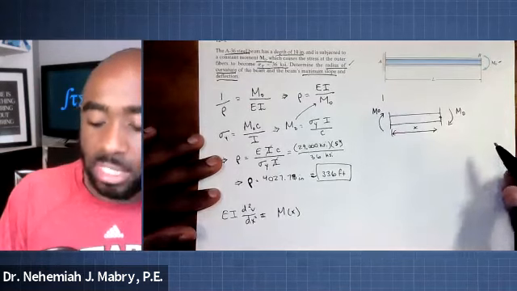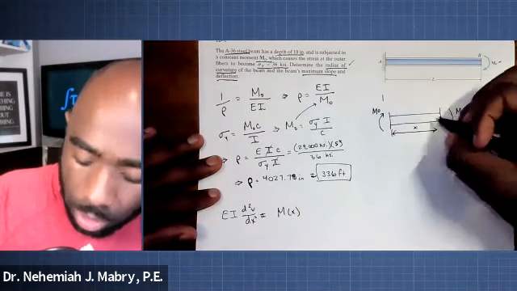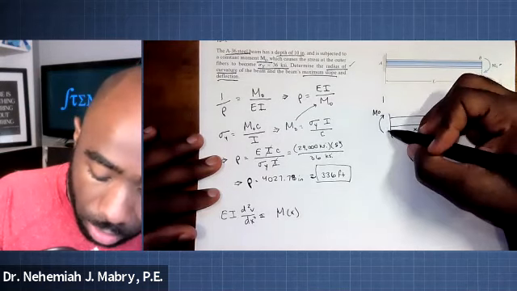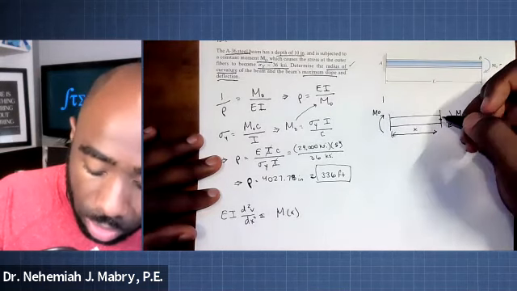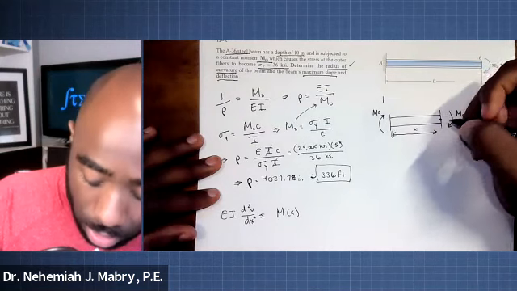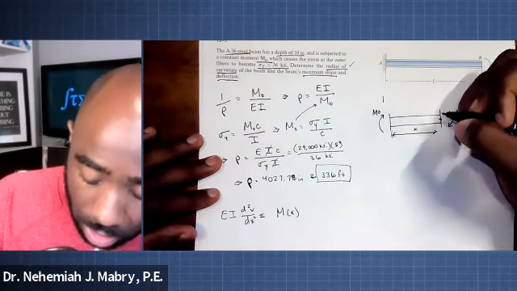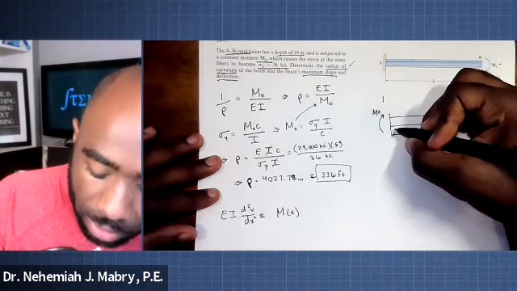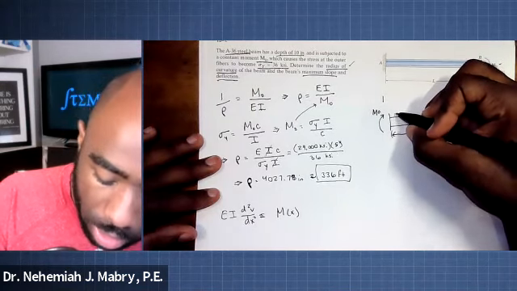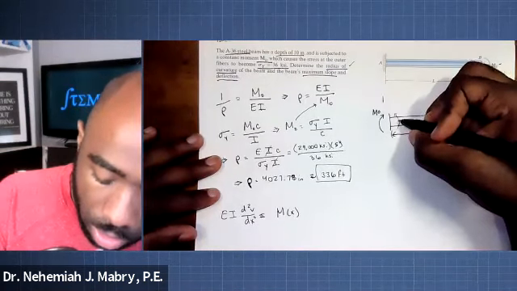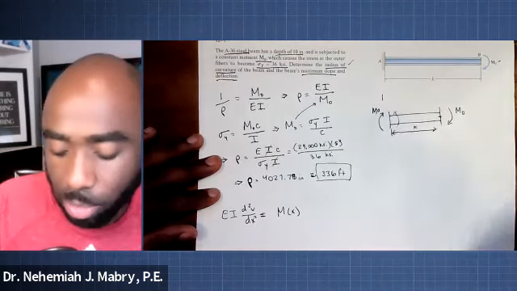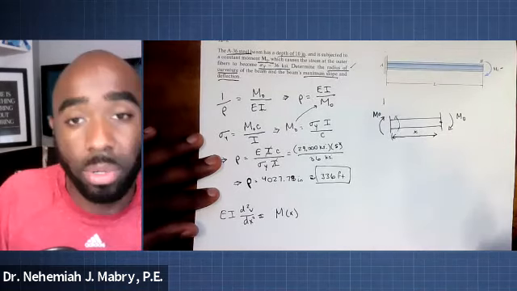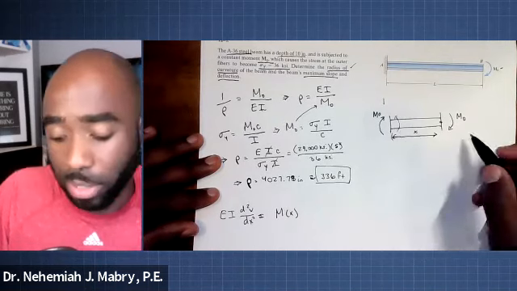Now the reaction moment would be the opposite of what this internal moment would be. Because it's external, while the internal moment at this face would have wanted to go that way, we're going to write the external reaction moment as going that way, and it's going to be equal to whatever applied moment is causing this internal moment, and that is M sub naught.